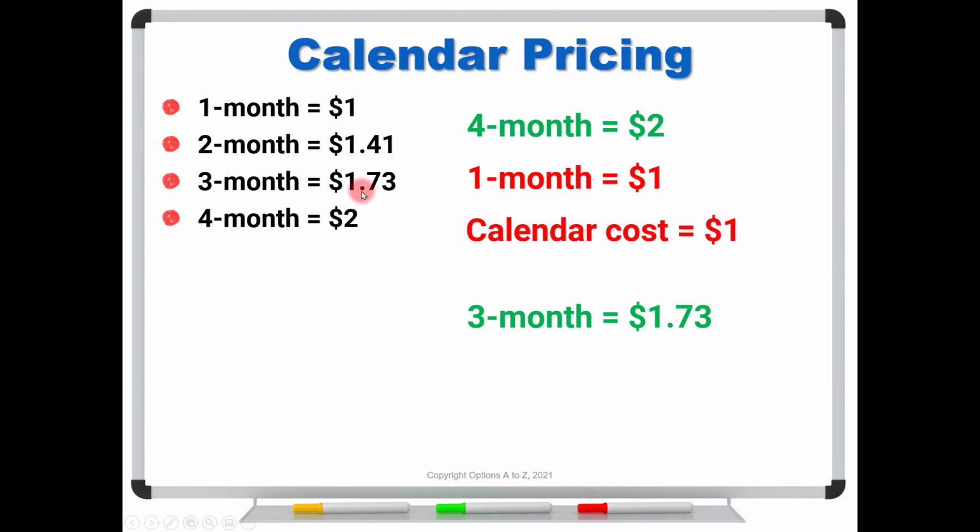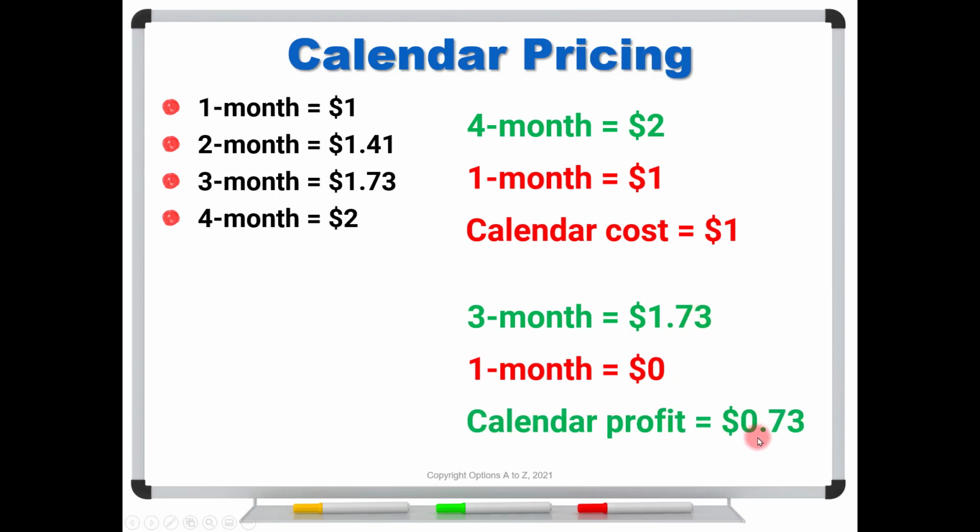Now, if that stock price is still at the money in 1 month, the 1-month option that you sold is worthless. So what happens? How much is your profit? Well, you spent $1. You could close it for $1.73, and therefore you would have a 73-cent profit. So where is this 73 cents coming from? Well, it's from the different rates of decay in these options.